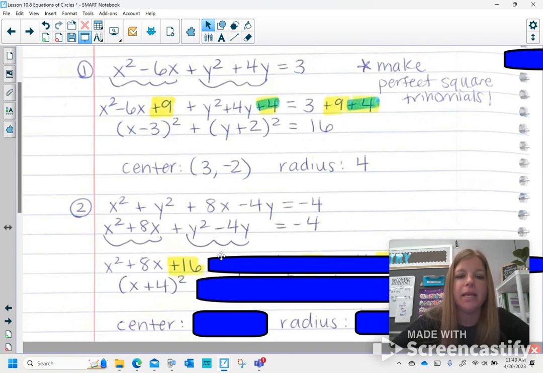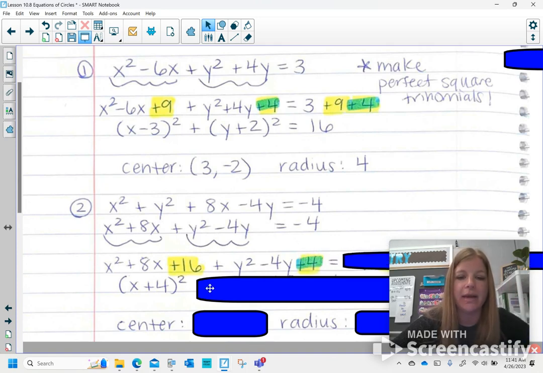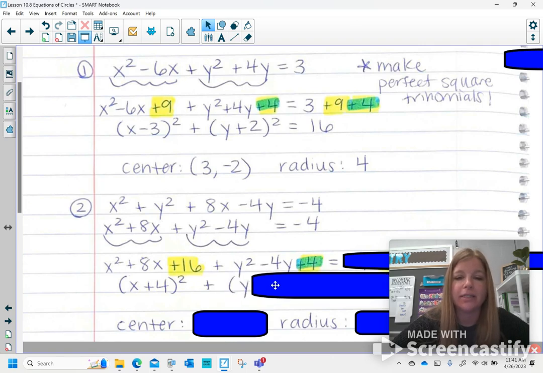Okay, great. Now I bring down my plus y squared minus 4y. Half of 4 is 2. 2 squared is 4. So I'm going to add 4 onto that. That trinomial factored, again, the square root of the first term, y, the square root of the last term, 2, and the sign of the middle term, is y minus 2 squared.